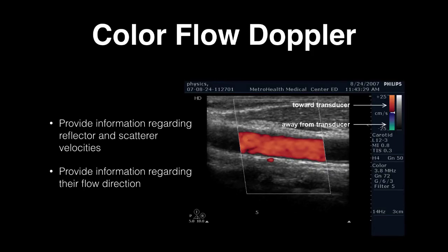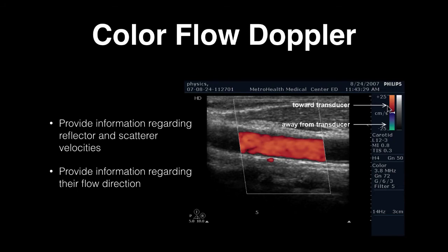Color flow Doppler imaging. Information is going to be provided regarding reflector and scatterer velocities. Additionally, information is going to be provided regarding flow direction. So if you look at the color and velocity map here, you can see that there are reddish hues above this bar here, and that there are blue and greenish hues below the bar.